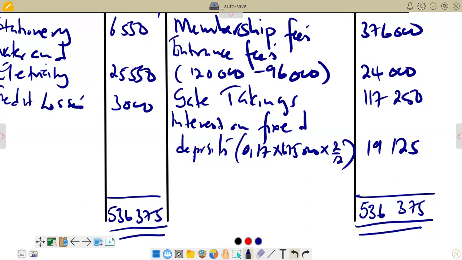Then we subtract the totals of the debit, whereby we are saying 3,000 plus 12,550 plus 6,750. So basically what we are saying is 536,375 subtract 3,000, subtract 12,550, subtract 6,750. And the balance that we are going to get is supposed to come here. It's 501,175.